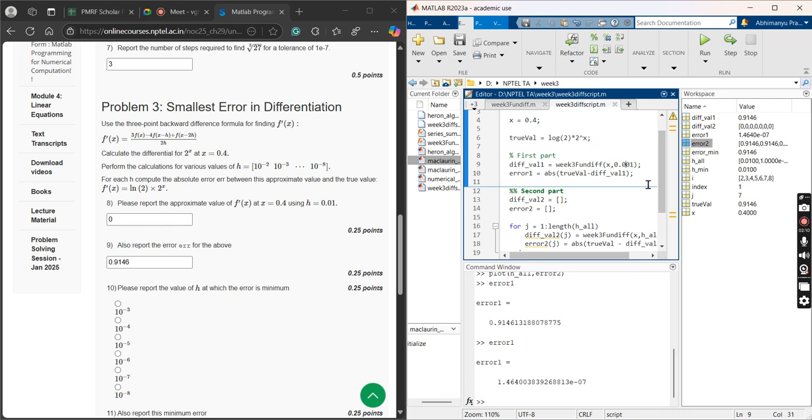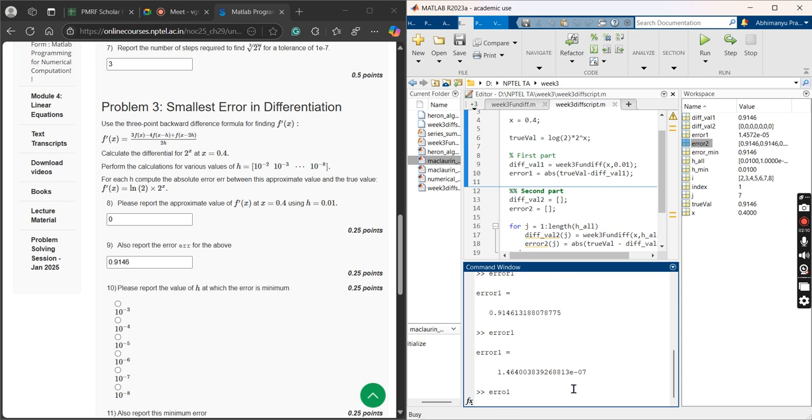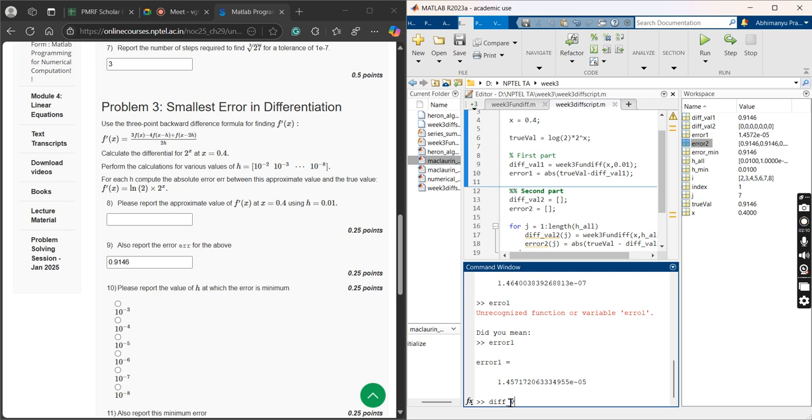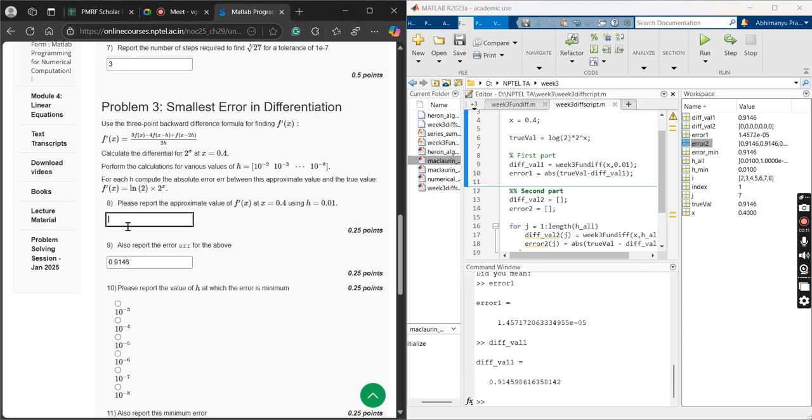So using h is 0.01, if I calculate the error, then my value is 0.9145, and my error would be, so I need to give 4 significant digits, so 0.00001457.